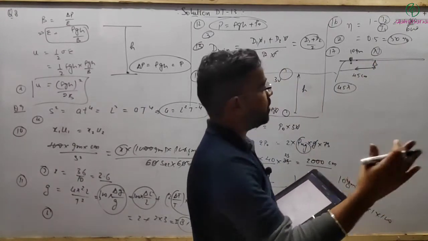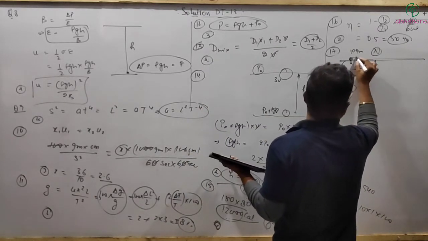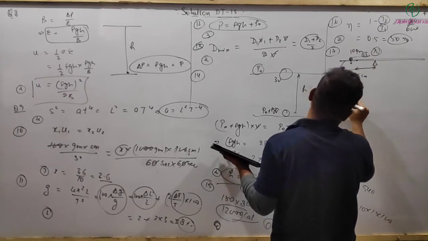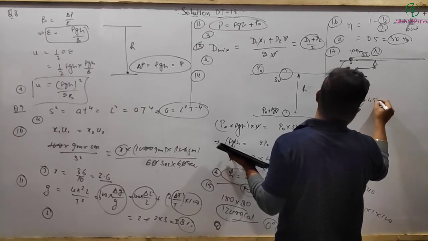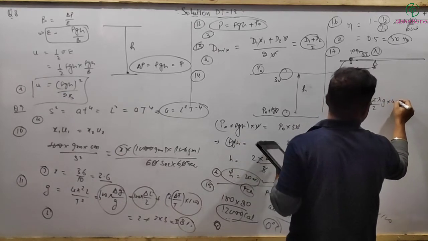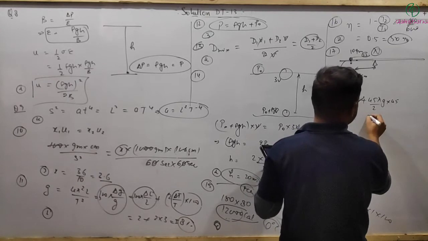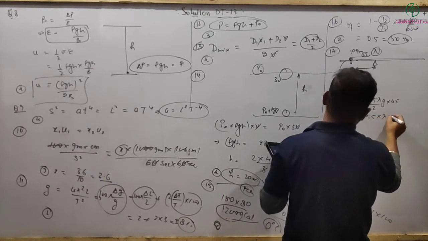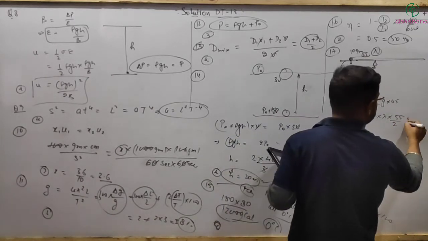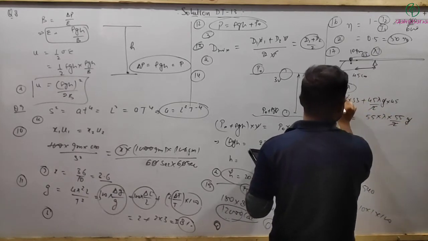The center of mass will be at 45 by 2. So total torque on both sides must be balanced. Between 12 and 45, this will be 33. So you can write 10 into g multiplied by 33, plus 45 into lambda divided by 2 multiplied by g multiplied by 45, must be balanced by 55 multiplied by lambda multiplied by 55 by 2. Balancing these two, g gets cancelled, and 2 then it's 20.